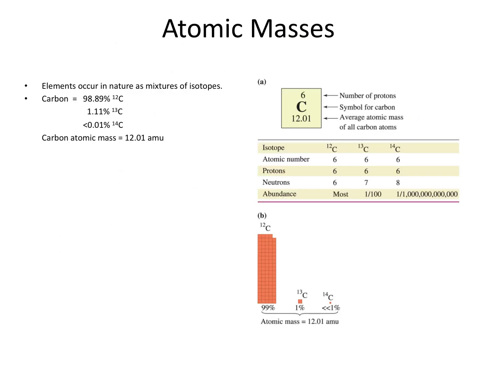I want to remind you that elements occur as a mixture of isotopes. We've already talked about this, so we're just dusting off brain cells a little bit. And so I want to show you carbon. Carbon is mostly carbon-12, right? But there is some carbon-13 and carbon-14 isotopes, as well as a few others, right? And so when we look at the atomic mass of carbon, it's 12.01.